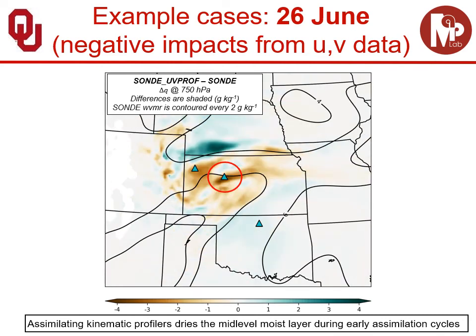So to examine that a little further, we can look at the kinematic profiler assimilated from this site, which was FP3. Here I'll point out that the solid black contours are ensemble mean water vapor mixing ratio, contoured every 2 grams per kilogram. And since I can't really go back in the slide recordings, I'll just mention that there is this positive north-south gradient in moisture here.